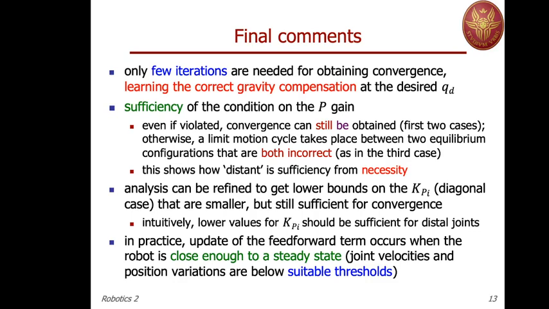Another practical aspect is that we have assumed that, at the end of each iteration, we have reached a steady state with zero velocity and with a constant position error. Now, if you look carefully, you may realize that those steady states are assumed asymptotically, so as time goes to infinity.